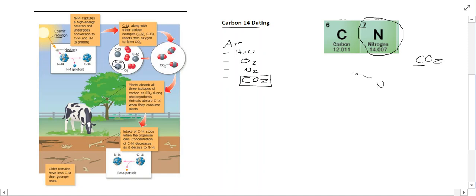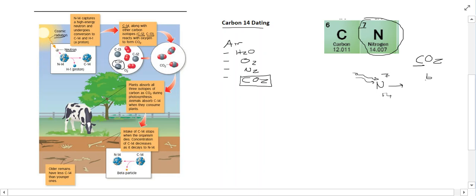These neutrons collide with the nitrogen in the air. And as a result, they knock off one of the protons. So it has 7 and 14, and it knocks off one of these protons. As a result of that, its atomic number changes to 6.